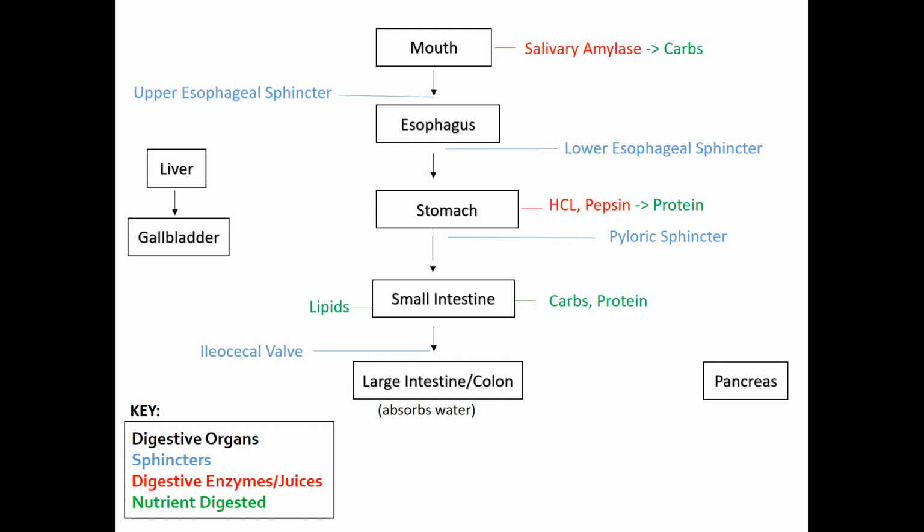Now we have a few different things that are going to help us with this. And here's where the different organs, the liver, the gallbladder, and the pancreas, are going to start helping out. The first thing that we have is something called bile. Now, bile is something that is both hydrophobic and hydrophilic.